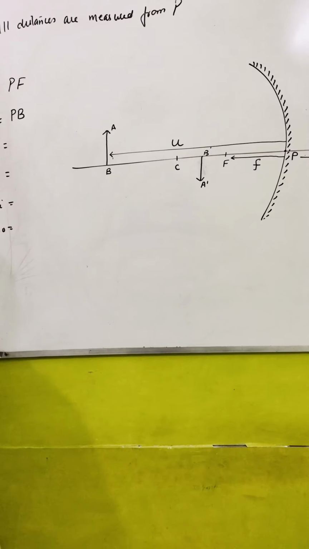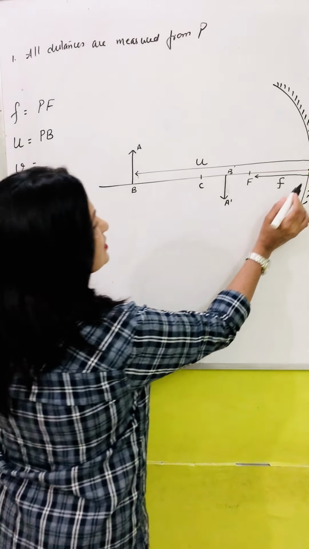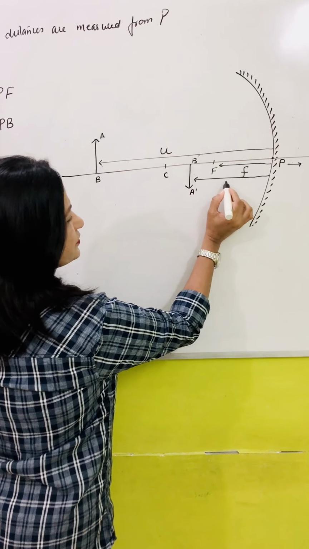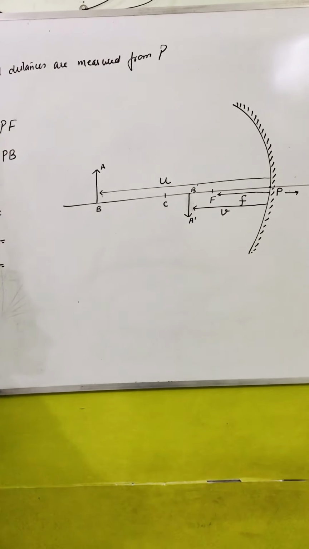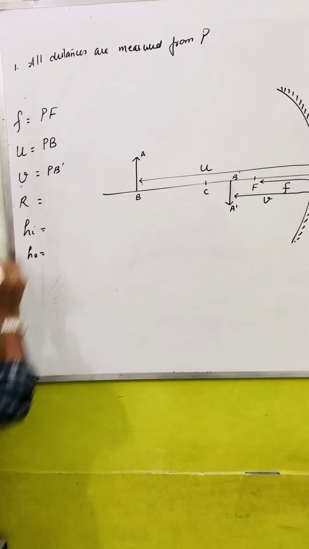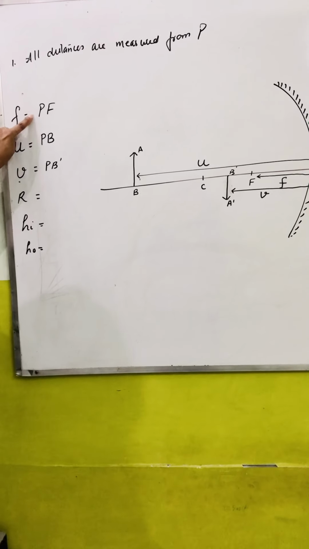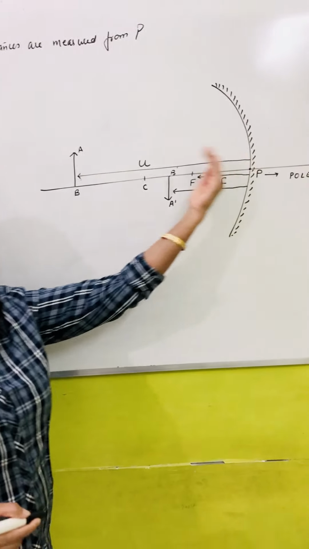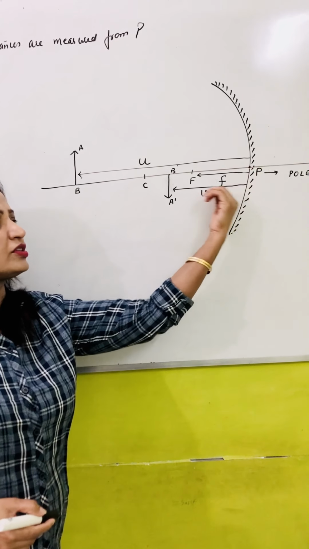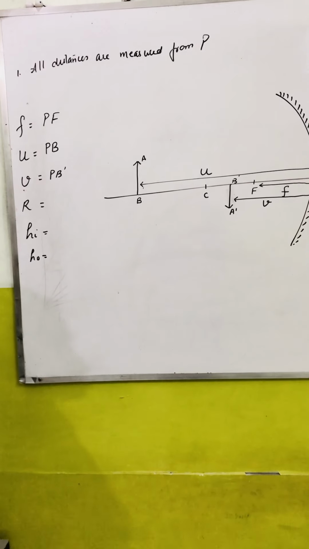Coming to image distance, small v denotes image distance. Image distance is the distance between the pole and the image. This is image distance. So image distance will be denoted as PB dash. So see, every distance is being measured from the pole. From the pole to the object, from the pole to the image, from the pole to the focus, that is the point: all distances are measured from the pole.